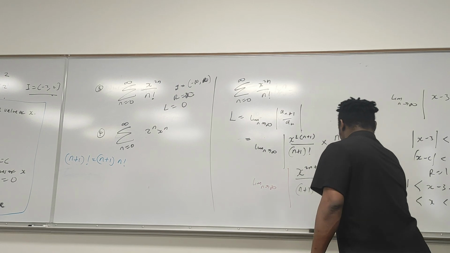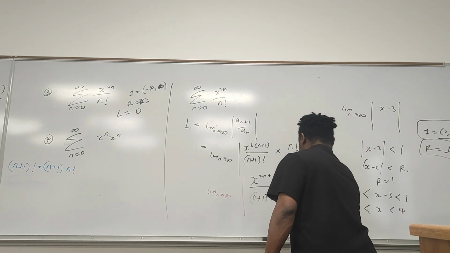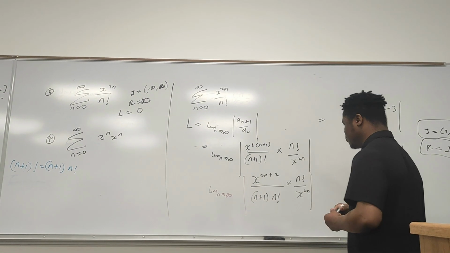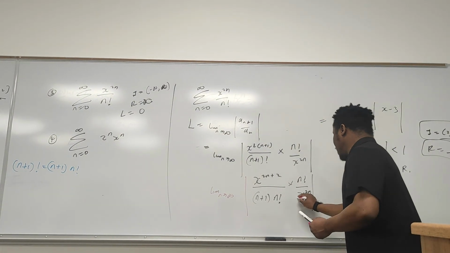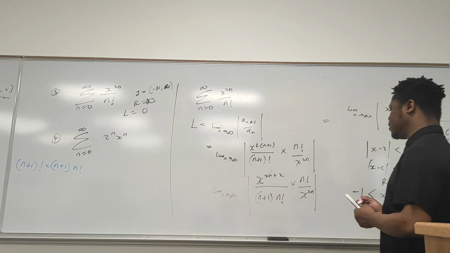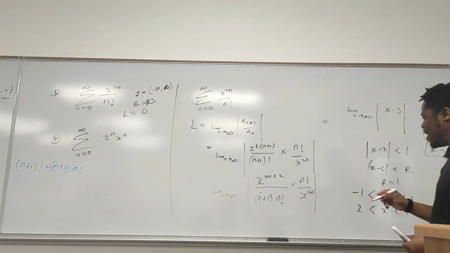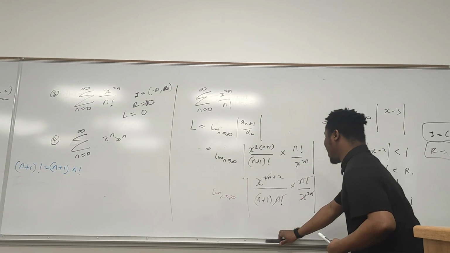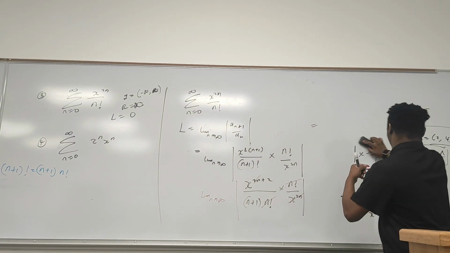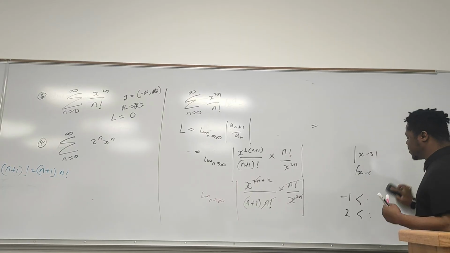Then multiply by n factorial over x^(2n). This cancels out one of these two n, and this n factorial will cancel out this. And we are left with, let me know if you get the same answer or something different.